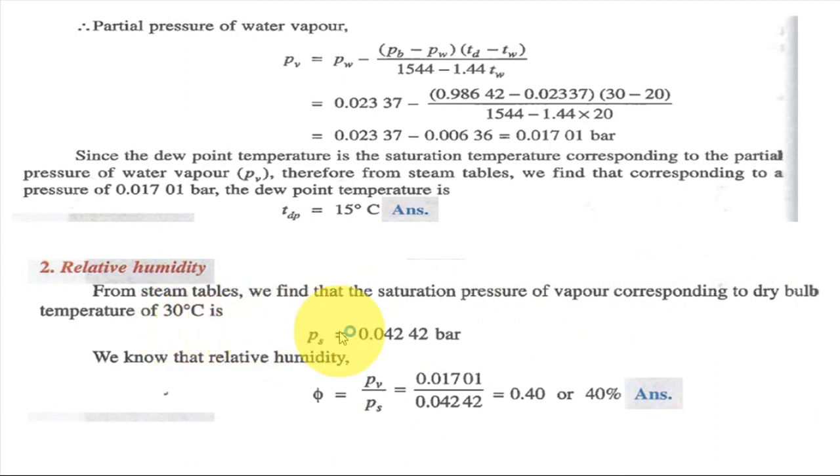So from the steam table we write down the saturation pressure corresponding to the dry bulb temperature: Ps equals 0.04242 bar. So relative humidity phi equals Pv upon Ps, that is 0.01701 upon 0.04242. I got the value equal to 40%. Relative humidity is 40%.